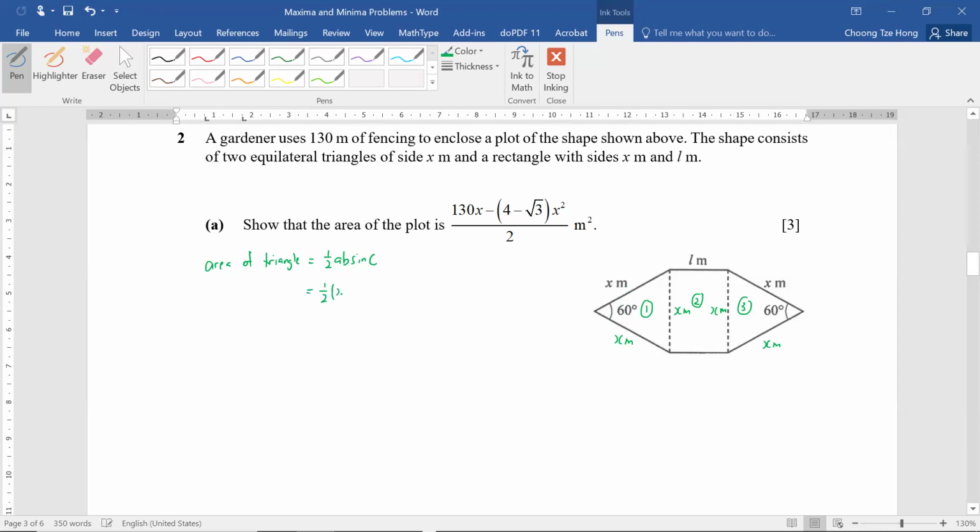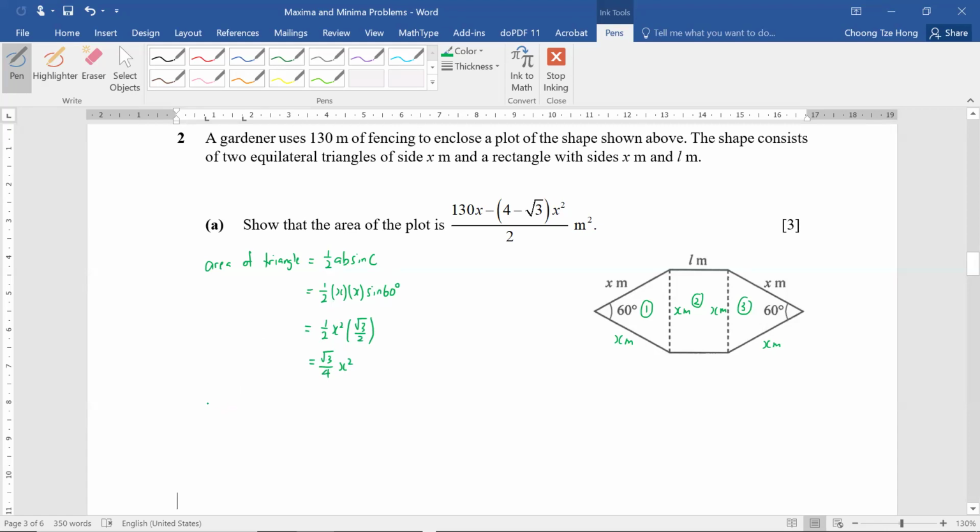So we have half x times x sine 60 degrees. 60 degrees is a special angle, so it gives us a ratio of square root 3 over 2. So half x squared times square root 3 over 2 gives us square root 3 over 4 x squared. This will be the area of one of the triangles.